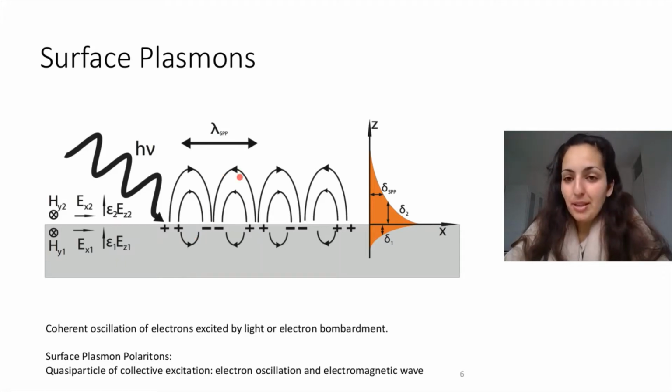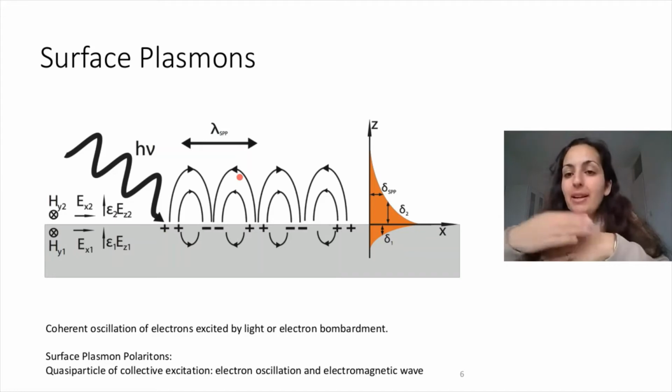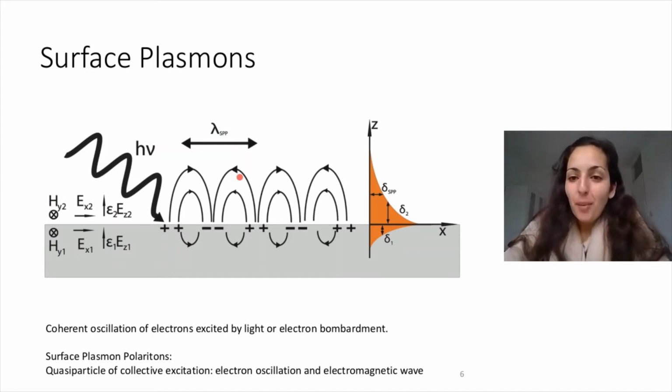So that's a very formal definition of where surface plasmons can occur, or how we define that we have an interface between a metal and a dielectric, because now you have seen that all these material properties actually strongly depend on the frequency of the light that we are looking at.